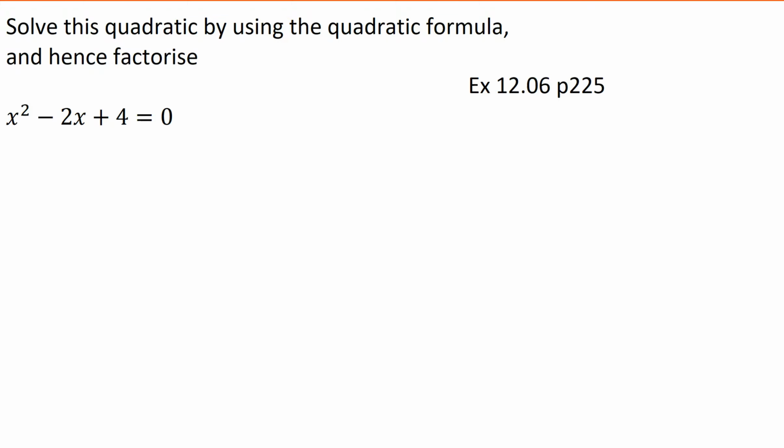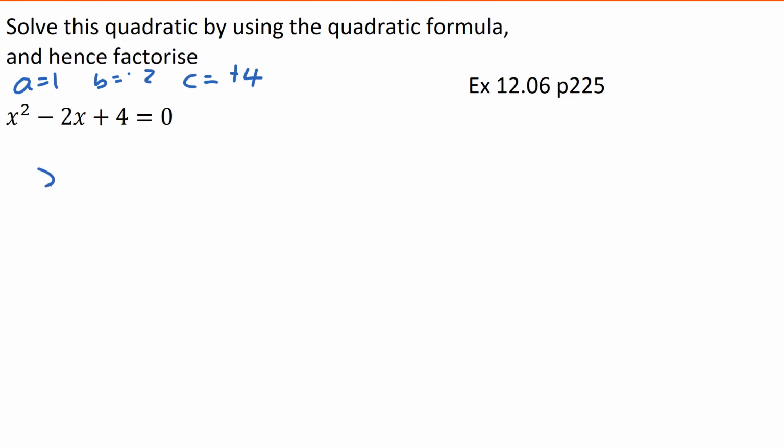That looks good. Okay, so how do you solve these using the quadratic formula? Well, you guys should know how to use the quadratic formula. A is 1, B is negative 2, C is positive 4.